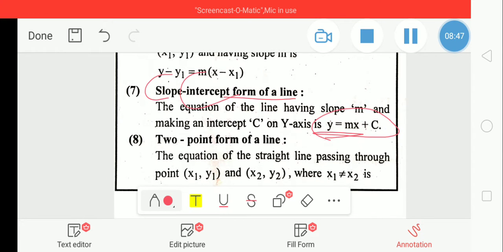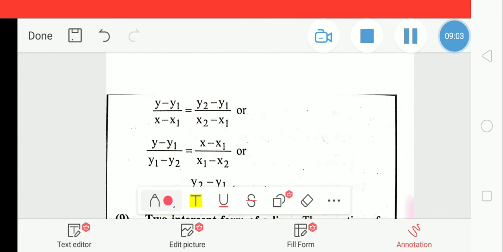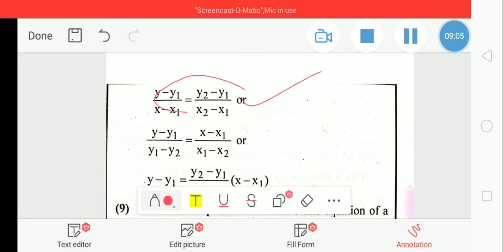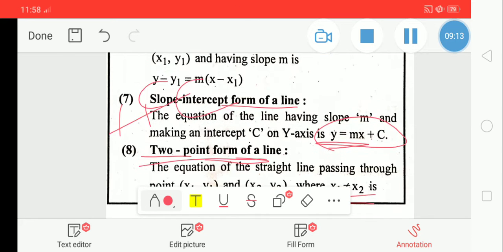Then the two point form of a line: when a line is passing through two points, we use this formula. These points are x1 y1 and x2 y2, where x1 and x2 are not equal. So we can write it this way, and that is the formula for the two point form of a line.